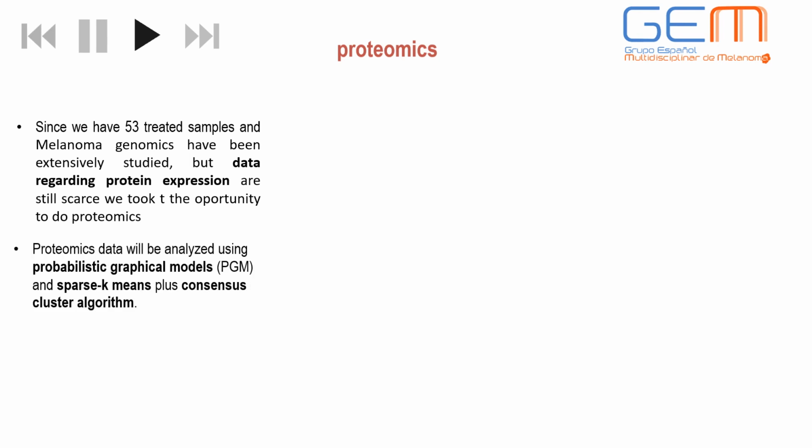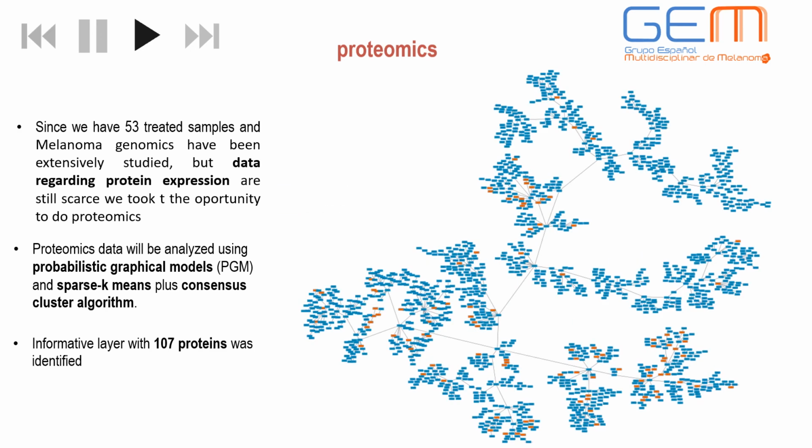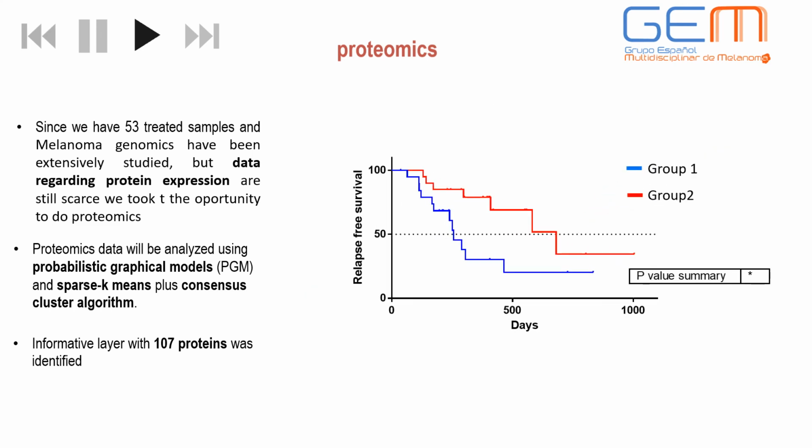Proteomics data was analyzed using probabilistic graphical model, sparse k-means, and consensus cluster algorithm. The resulting network had 8 functional nodes, and we identified an informative layer of 107 proteins that divide the dataset into groups, one of them with better relapse-free survival.